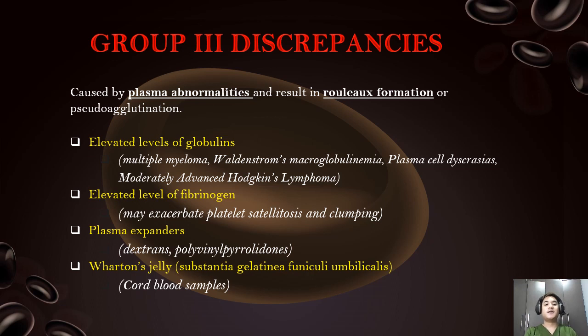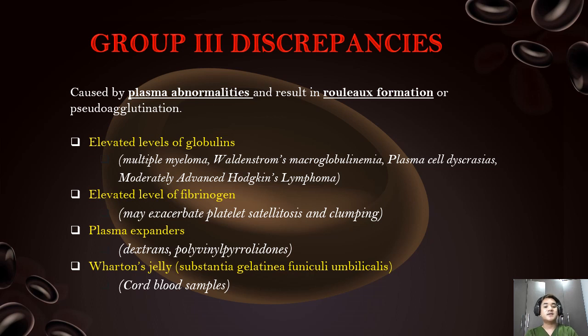So we have here the four main classifications of the causatives of the blood group 3 discrepancy. The elevated levels of globulins in multiple myeloma, Waldenstrom's macroglobulinemia, and so on.